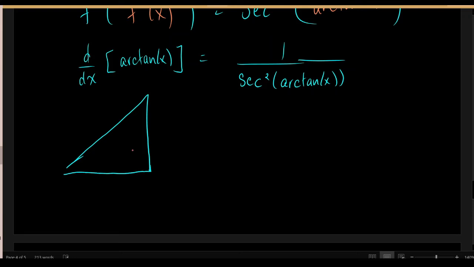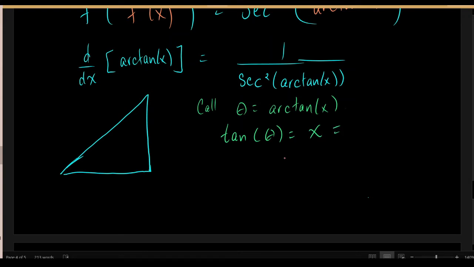I'm going to introduce an angle, which I'm going to nickname theta. Remember that arctan takes in values and produces angles, because tangent took in angles and produces values.